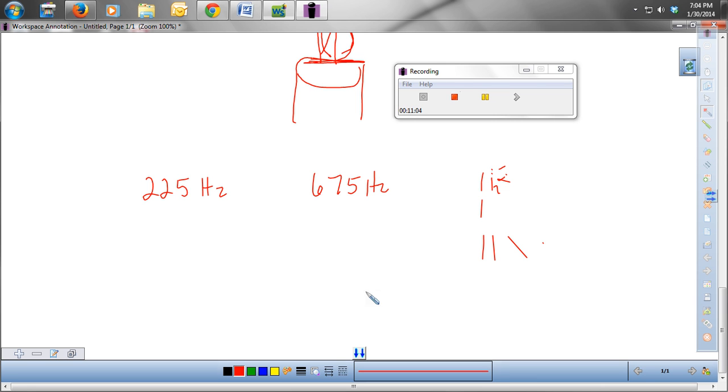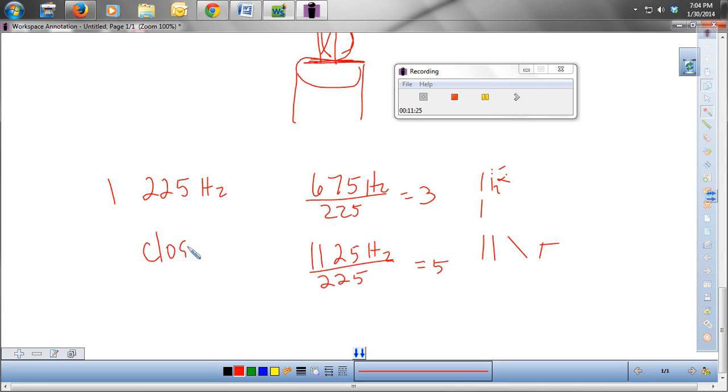And I would ask you whether that would be a pipe that was open or closed, if those were the three that I could detect. And you would tell me, well, 225 divided into 675 is 3, and 225 divided into 1125 is 5. So I have 1, 3, and 5, so my pipe is closed at one end.